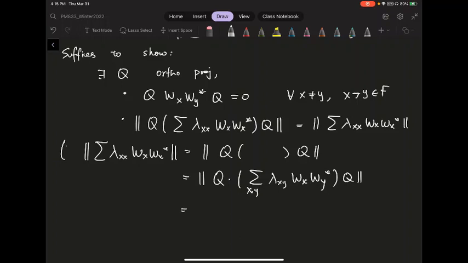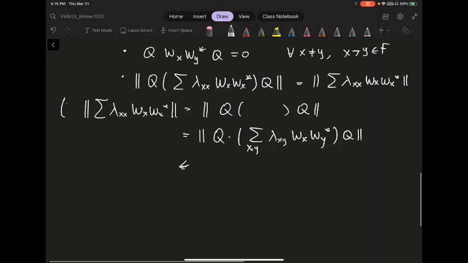But Q is an orthogonal projection, so it has norm less than or equal to 1. So it's certainly less than or equal to the norm of the summation with everything here without the Q, lambda_xy W_x W_y star. So if you can find such a Q, then this claim can be proved.